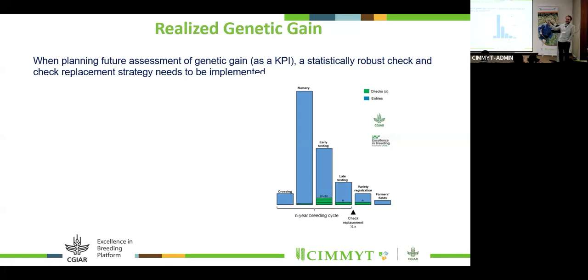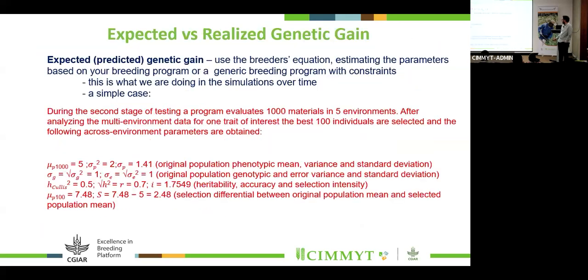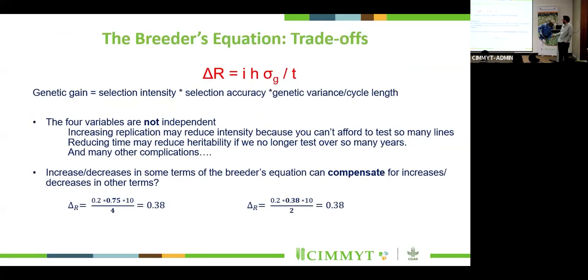What we are discussing are concepts of population improvement. You might use some of the same ideas for product development, but product development is crop dependent, program dependent.